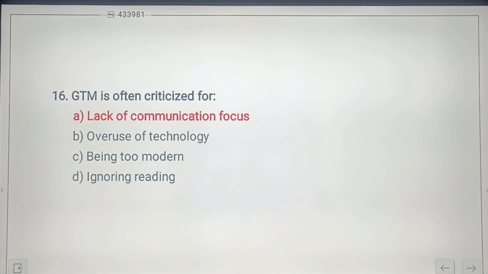Grammar translation method is often criticized for lack of communication focus. Unfortunately, it doesn't focus on communication, which is why it is criticized.